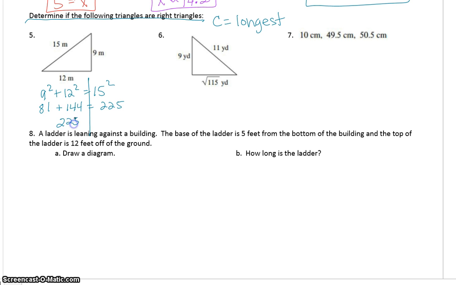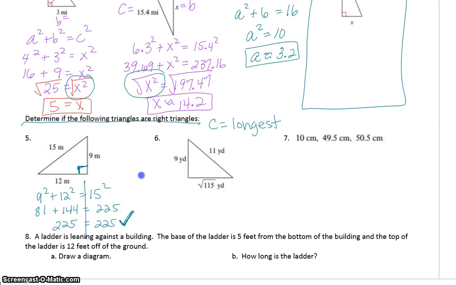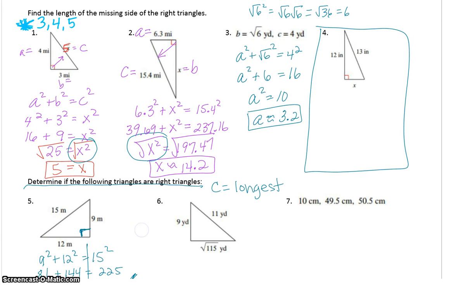I get 225 equals 225. That is true, the Pythagorean theorem does work, so this is indeed a right triangle. Now, if you recall, I gave you a Pythagorean triple, 3, 4, 5. This is a multiple of that. If you multiply 3, 4, and 5 by 3, you get 9, 12, 15.